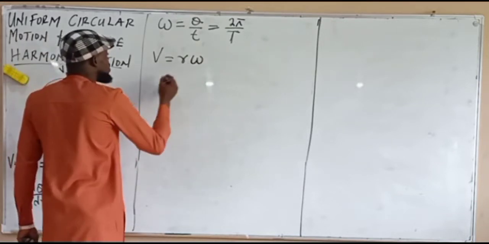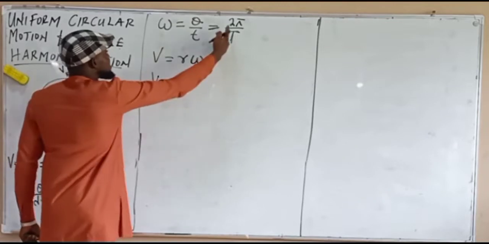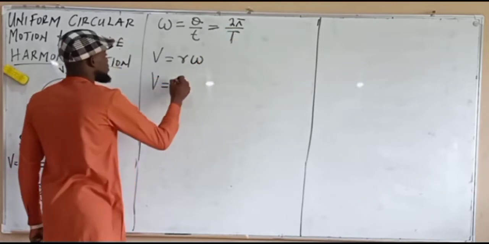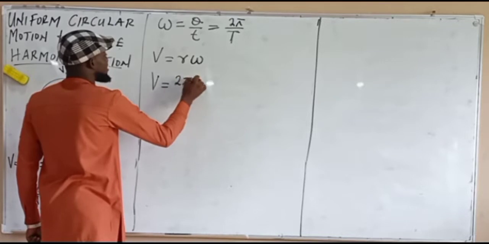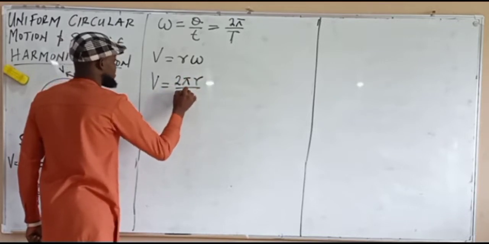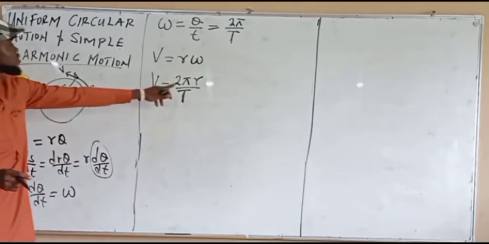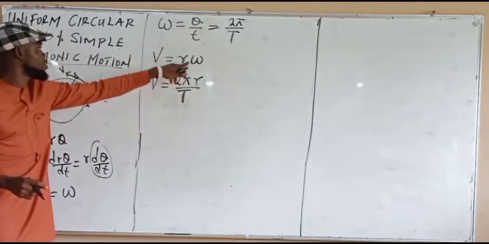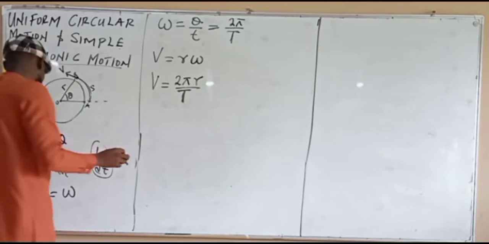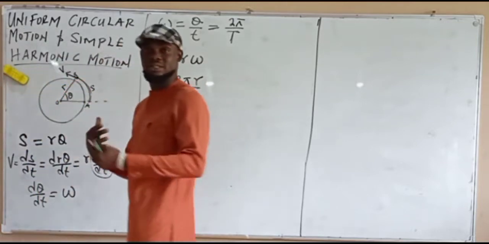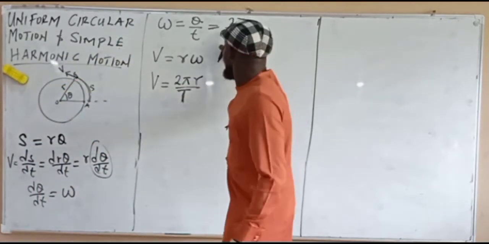Then omega is the same thing as 2 pi over T, so we can say linear velocity is 2 pi r over T, or r omega. I'm calling it W for simplicity's sake.